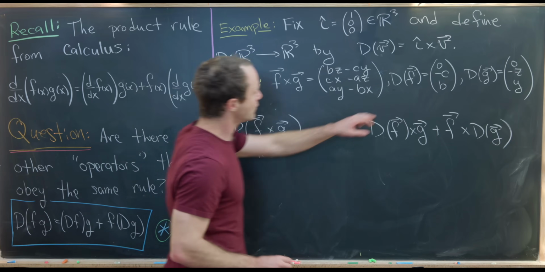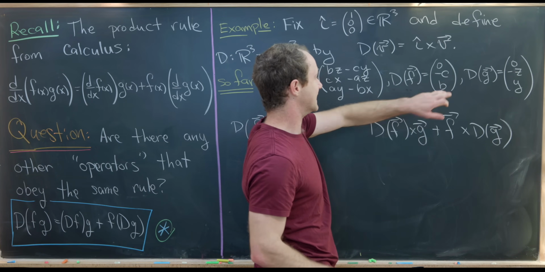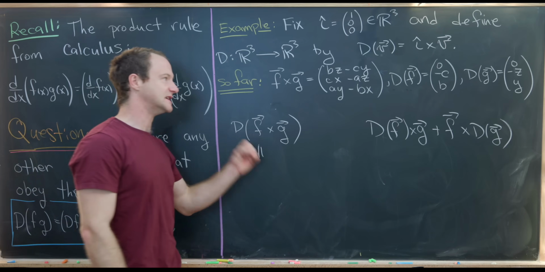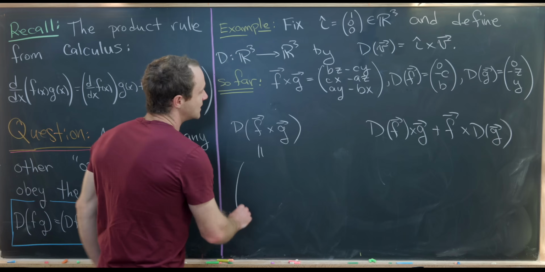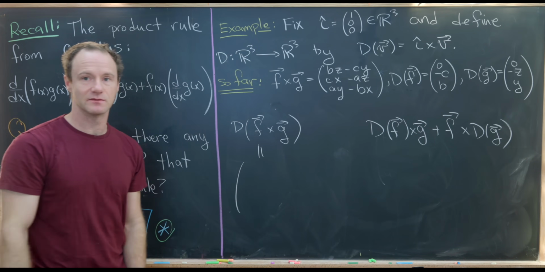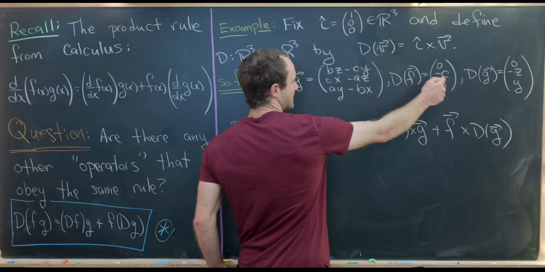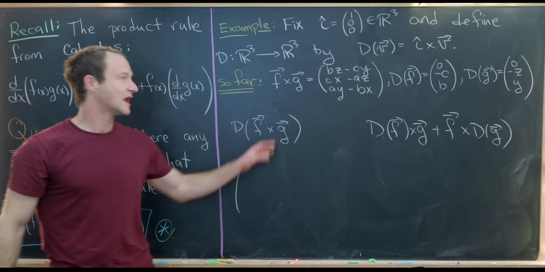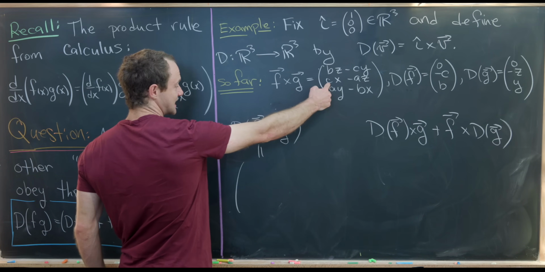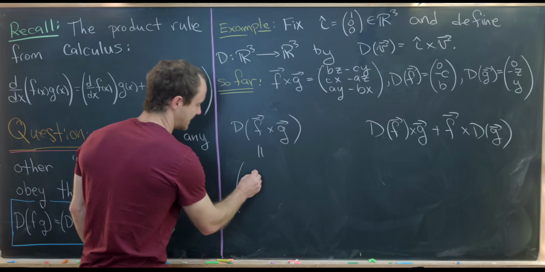Okay, so from what we see here with D evaluated at f and D evaluated at g, it's pretty easy to calculate D evaluated at a vector. Notice it takes the third component, negates it, and turns it into the second component. It takes the second component down to the third component, and the first component becomes 0. So we can use that to calculate D evaluated at this pretty easily.